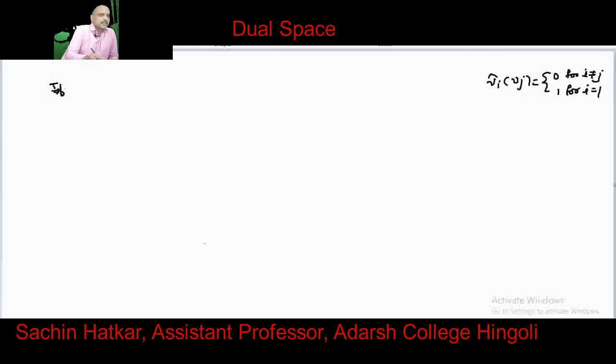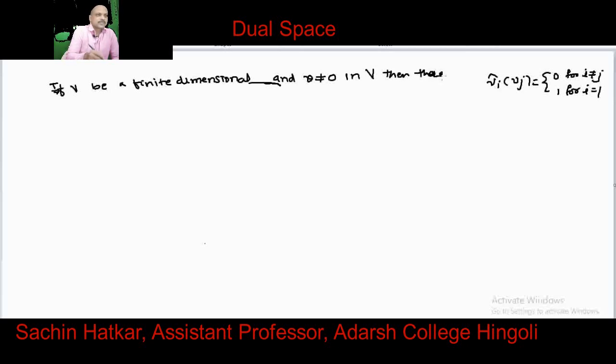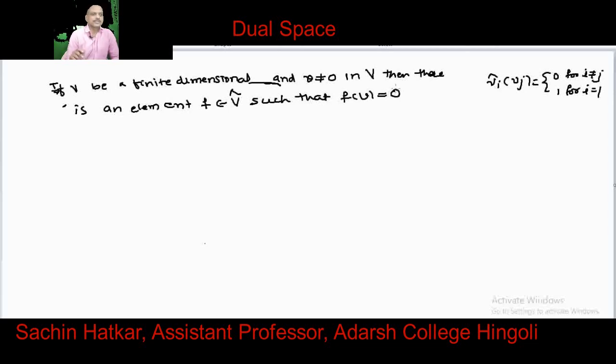If V is a finite dimensional vector space, that is, the number of elements in the basis of the vector space is finite, and suppose I have an element v not equal to 0 in V, then there is an element f belonging to the dual vector space V cap such that f of v is not equal to 0.